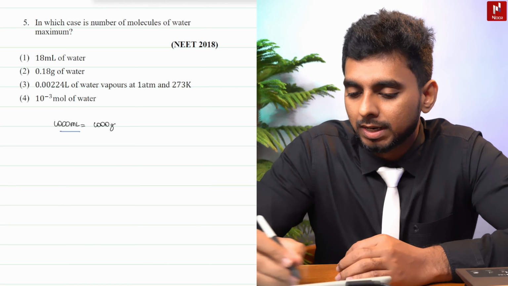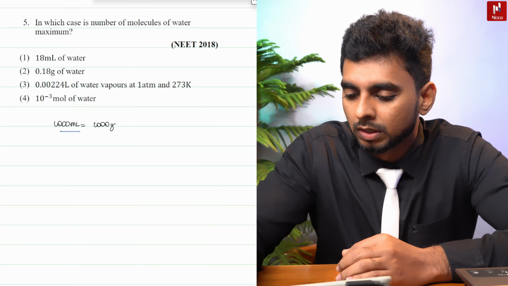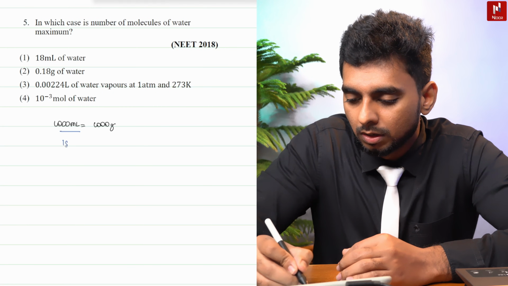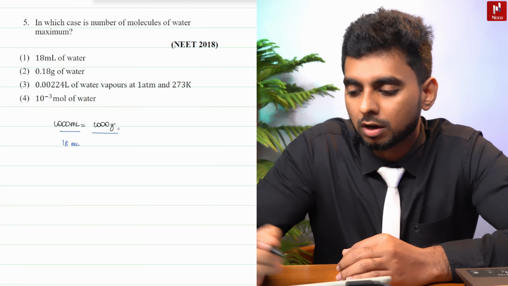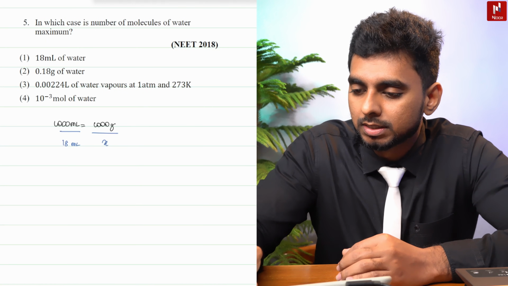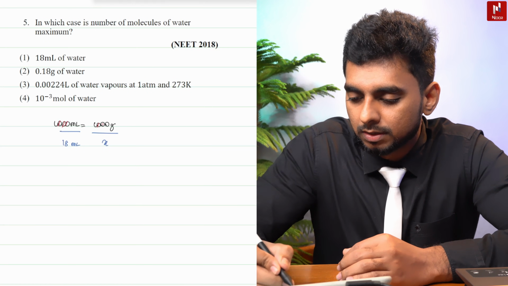In the same way, what I need to find here is for 18 milliliters, right? How much will that be? That's going to be x. Got it? If I cancel this, that's straight away one, right? So the 0 will get cancelled out.